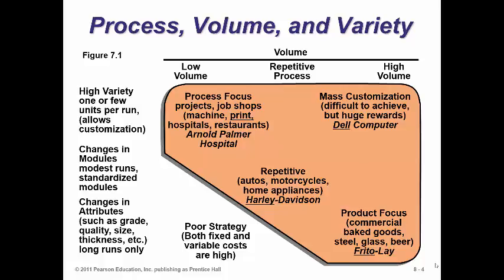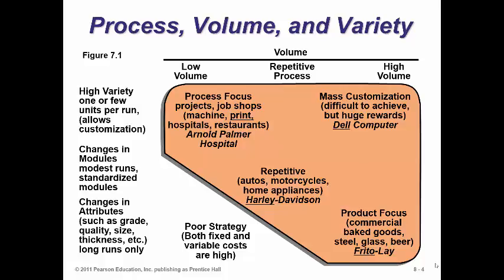It's not like Fritos chips, where you're making Doritos today, and that's all this particular line makes. That's not the same type of process as a print shop. For a print shop, you can look up there, it's going to say low volume, obviously, and high variety. It's going to do a whole bunch of different products. So it's typically a job shop.